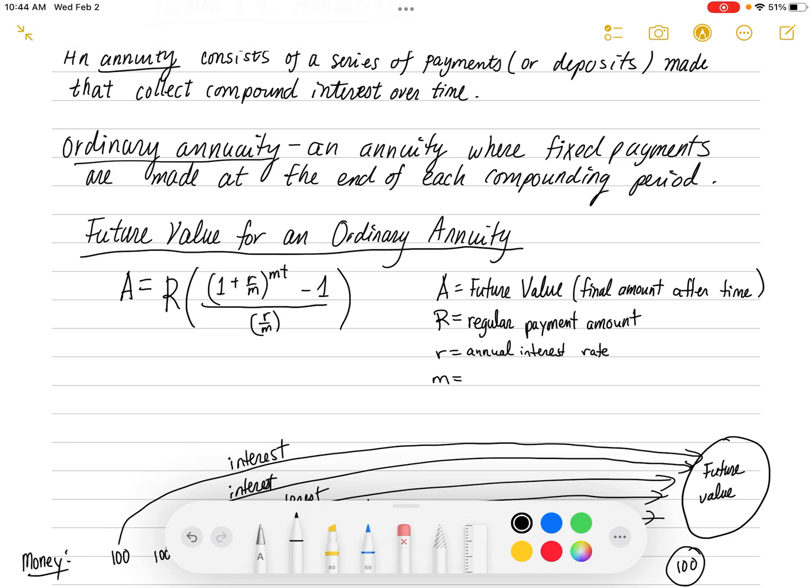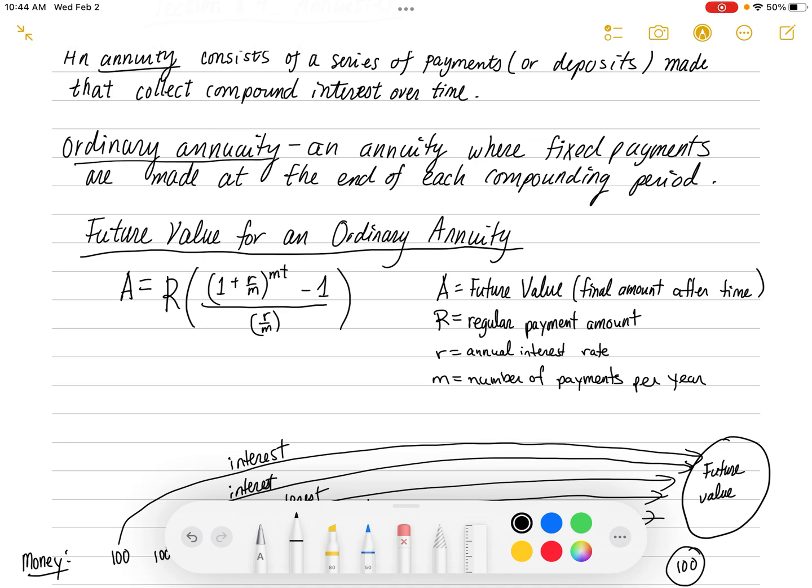Little m, that'll be the number of payments per year.